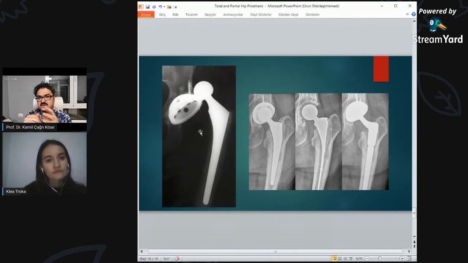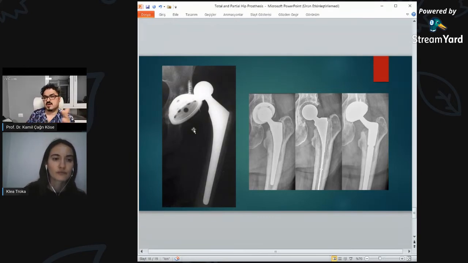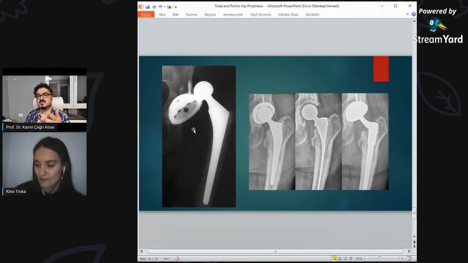If they do some extreme movements, that can cause the dislocation, or in rare cases, if there is less than ideal fixation, the components can move, and that can also lead to a dislocation. But in general, we are talking about complications, and we'll talk about complications a little bit more, but I can say that hip replacement surgery is a very, very safe surgery. These complications do not generally occur in our daily life. They very seldom occur.